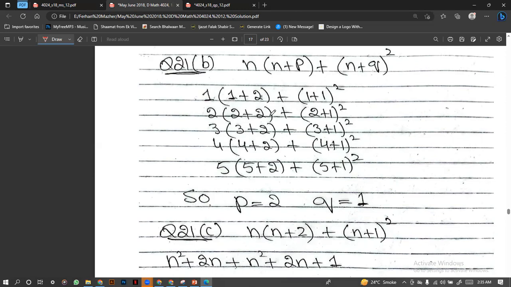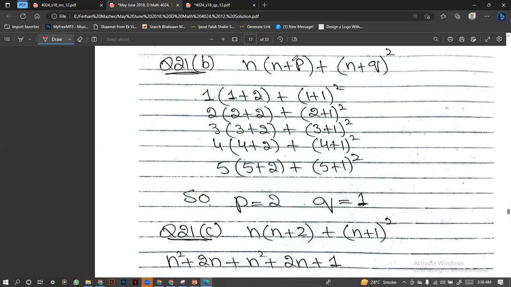Second is 2 into 2 plus 2, plus 2 plus 1 whole squared. 3 into 3 plus 2 and 3 plus 1 whole squared. 4 into 4 plus 2 plus 4 plus 1 whole squared. Fifth term is 5 into 5 plus 2 plus 5 plus 1 whole squared. So you see, it will be like n into n plus p.